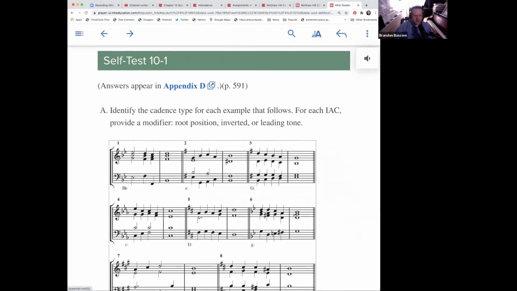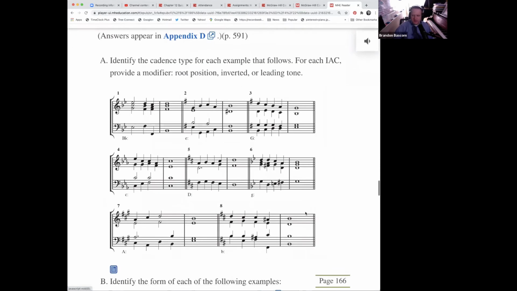Be able to identify cadences in given examples like that. Yeah? So what's number 7, for example? What kind of a cadence is it?